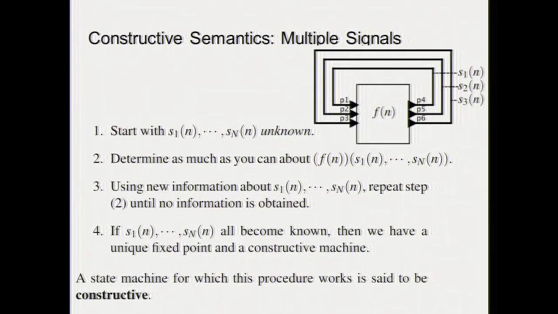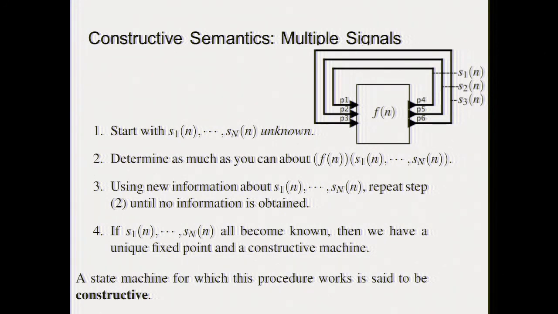Okay. Now, the constructive semantics for multiple signals is about the same. So now, instead of propagating a single signal, I must propagate a bunch of them. And so what happens is that when I do the construction, I have to follow several signals. So I have to build the valuation of all the signals.